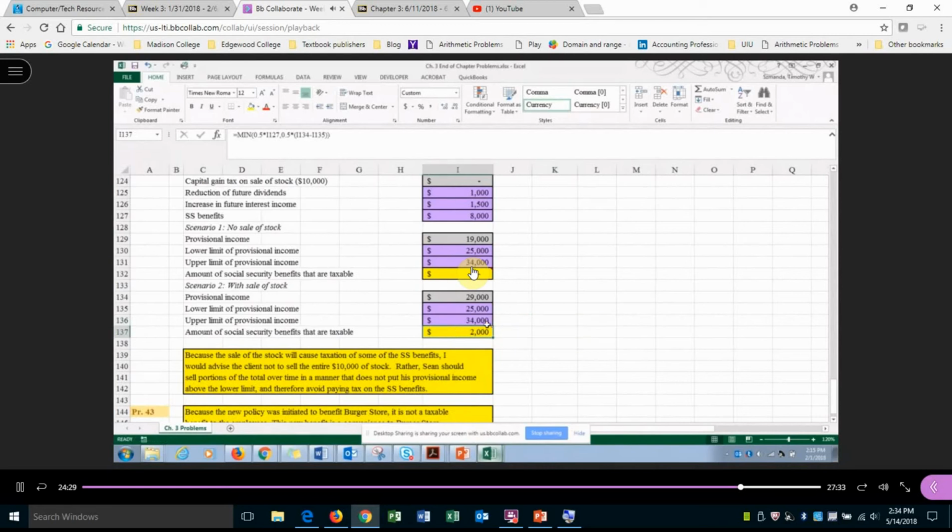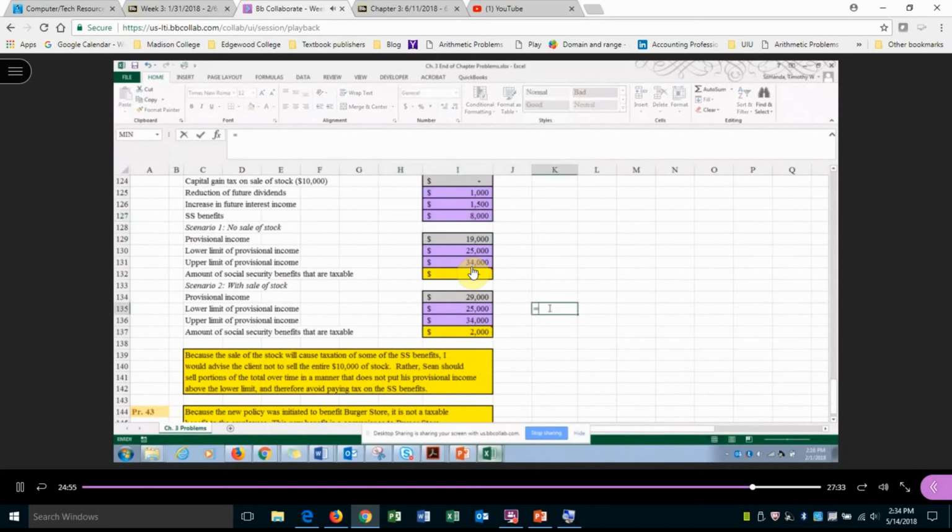So I have a formula here, but I'd rather just explain how I did this calculation. The best way to do that is if you could follow along on page 312 and take a look at how it's expressed in the book, and then we'll dissect the process. It says first take the lesser of 50% of the benefits. Well, we know that $8,000 is our Social Security benefits, right?